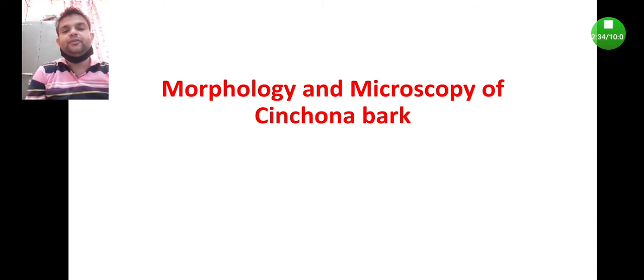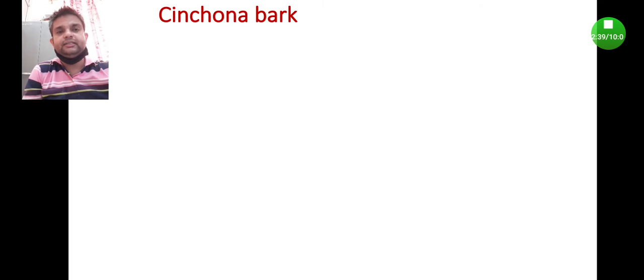Now coming to our cinchona bark, let us see what its synonym and other details are. The synonym is Peruvian bark, because commercially it is cultivated in a country called Peru. That's why it is known as Peruvian bark.